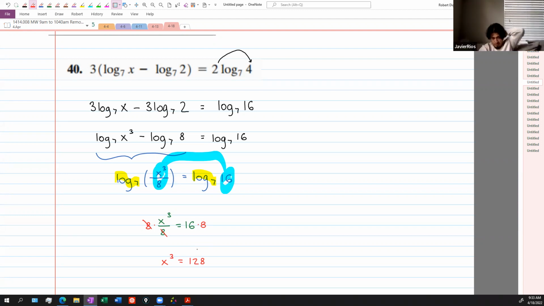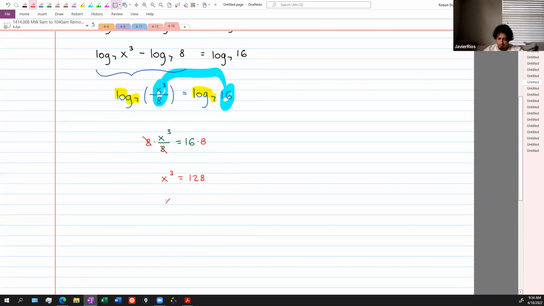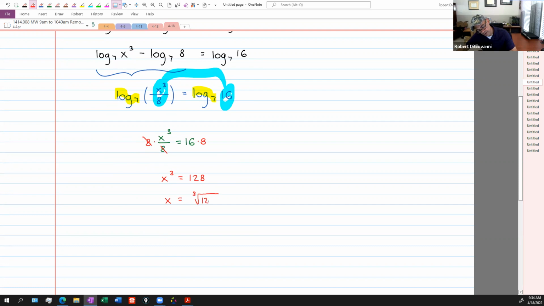Would you cube both sides? Or not cube, but the cube root. Yes, sir. The cube root. Okay, so we're going to get x equals the cube root of 128, right? So I'm basically taking both sides and I'm taking cube root.